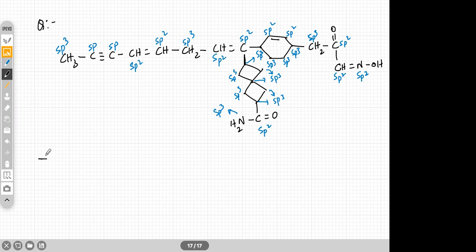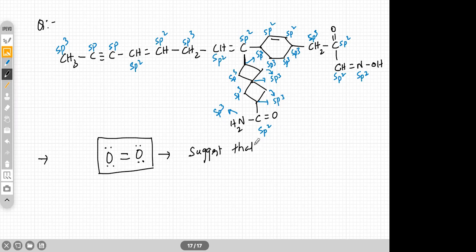Fine. So if you look at the structure of the oxygen molecule, we have O double bond O with 2 lone pairs on each oxygen atom, and all the electrons are paired. This distribution of electrons according to VBT, valence bond theory, suggests that the molecule is diamagnetic.